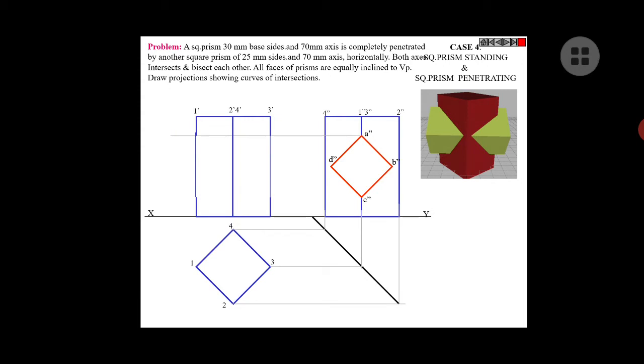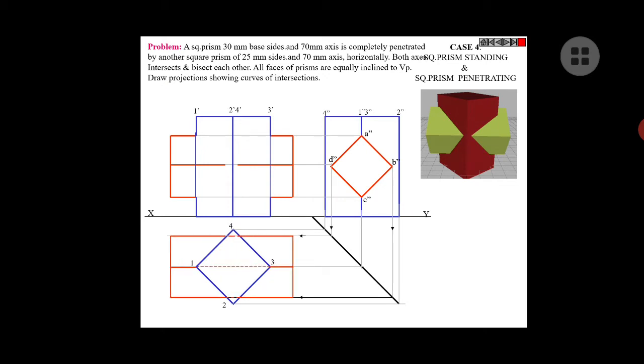Mark A, B, D and C as full length. Then firstly mark the first horizontal points, that is D. Similarly mark B on the top view of the prism and mark the sides.